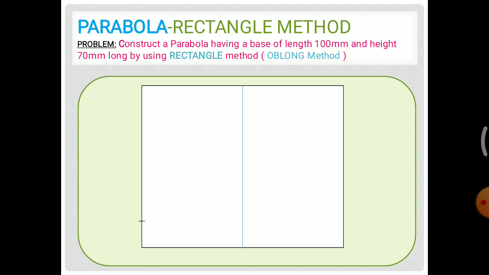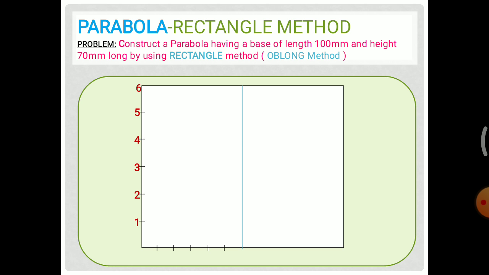and the vertical line is divided into equal number of parts here, and the horizontal line is also divided into the same number of equal parts. I have divided the vertical line into 6 equal parts, that is 1 2 3 4 5 6, and the horizontal line is also divided into the same number of equal parts here.